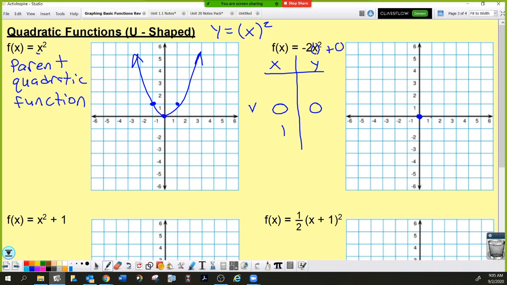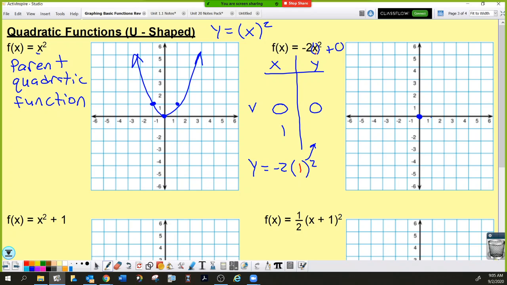And then we have to plug in x equals 1 and follow PEMDAS, the order of operations, to figure out what y is. Y is negative 2 parentheses 1 squared. Our order of operations says parentheses first. Well, that just means could you do something inside the parentheses? No, I can't. It's just a number in there.